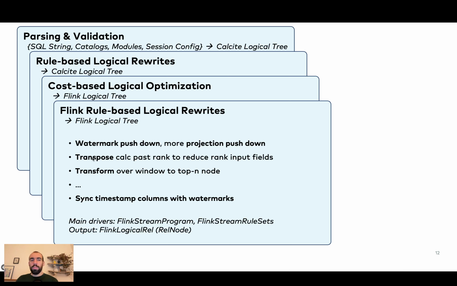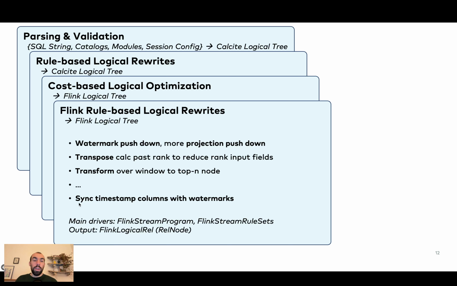We will also transpose projection and filtering and push calculations past this rank operator and so on. Very specific things. I will not go into the details here, but as you can see, the transformations become more Flink specific. For example, also the over window can be transformed into a top n node in certain cases.